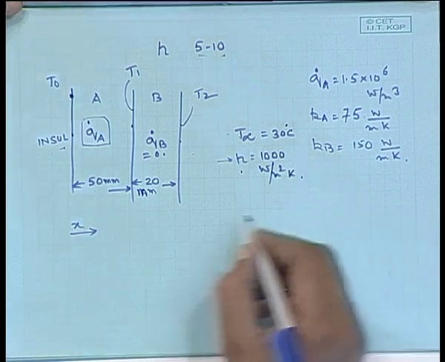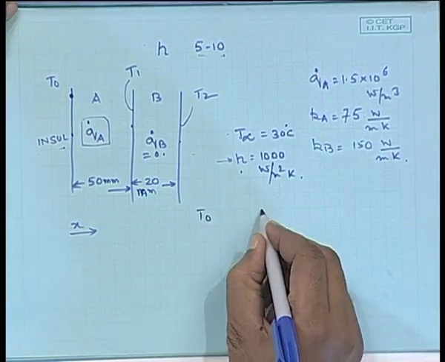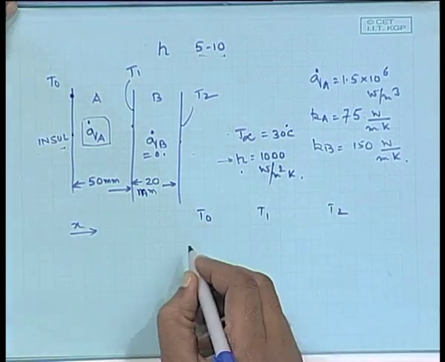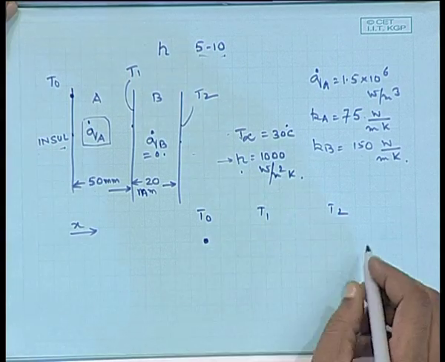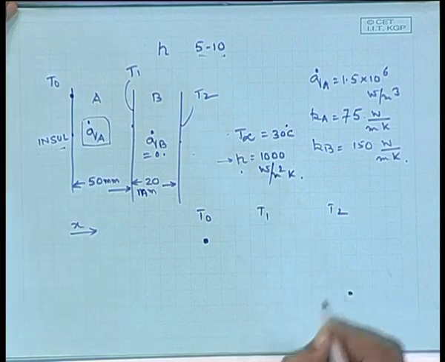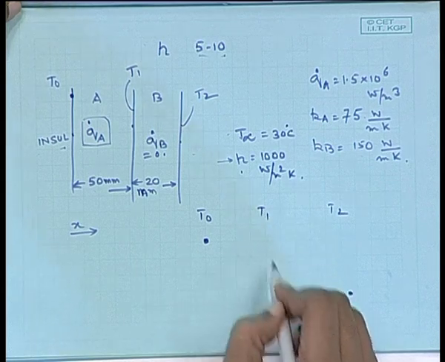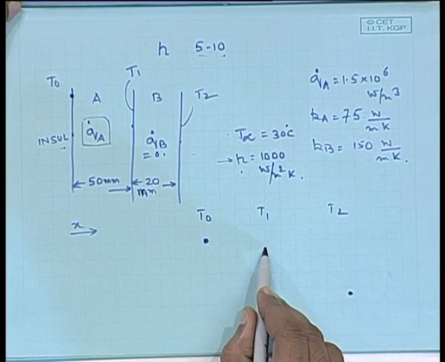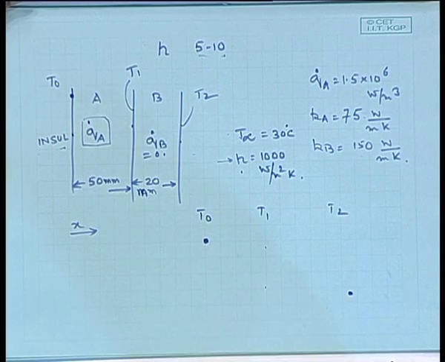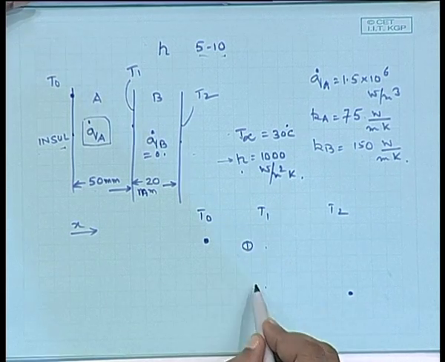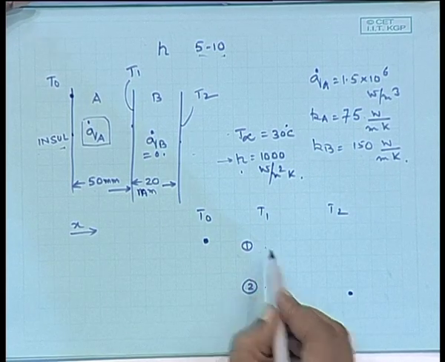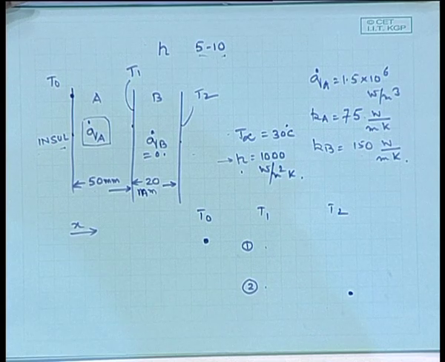I have three temperatures T0, T1 and T2. Of these, T0 is suppose this one, T2 is this one. So, where are you going to place T1 on this scale? Over here or over here? This I call situation 1, this I call situation 2. Situation 2, or 1? Why 2?